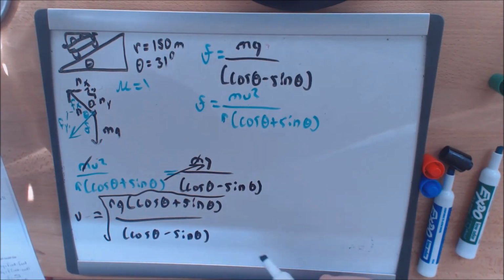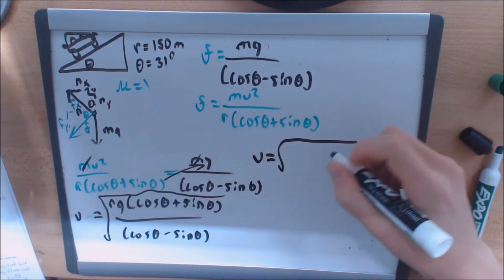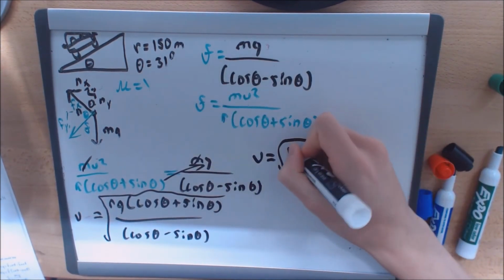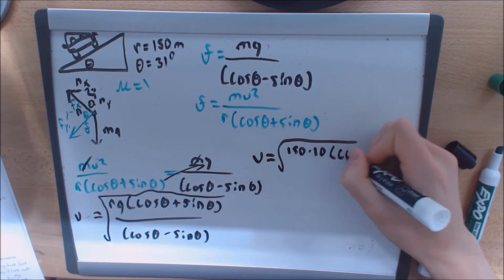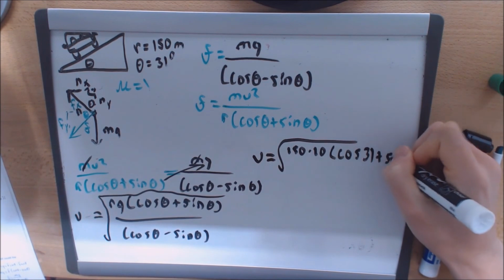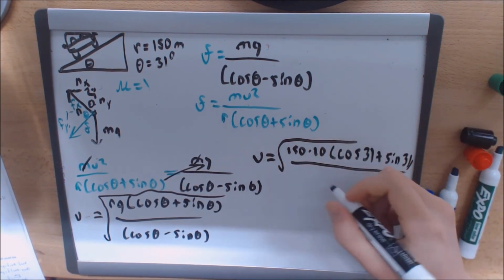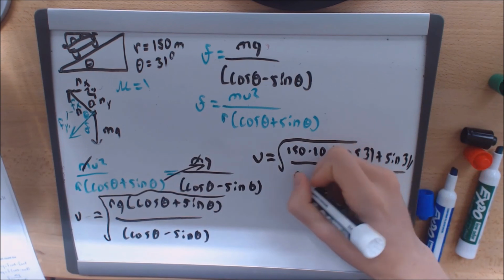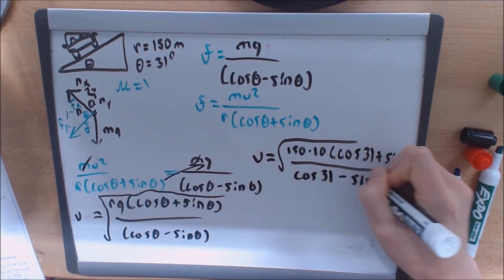Then we plug in all our numbers, right? We get v is equal to the square root of r, 150 meters, g, 10, and all the thetas are 31, so sine 31 over cosine of 31 minus sine of 31.